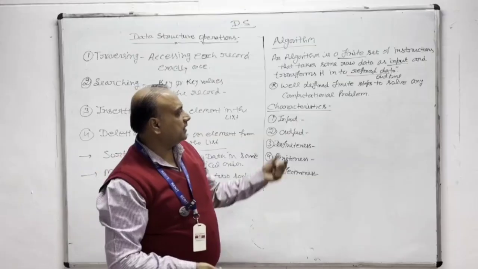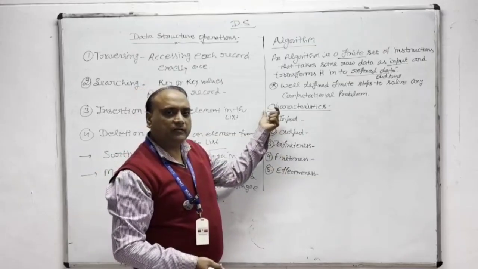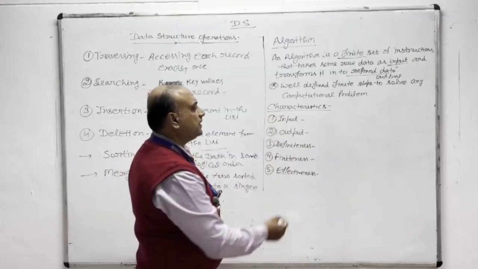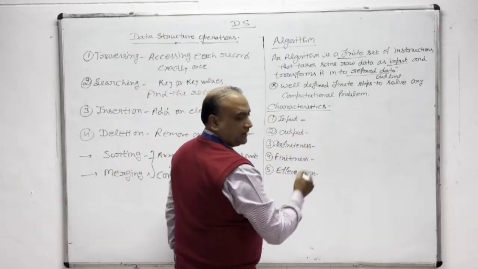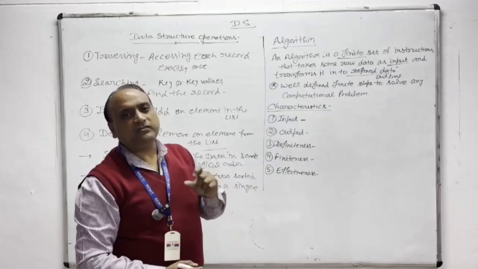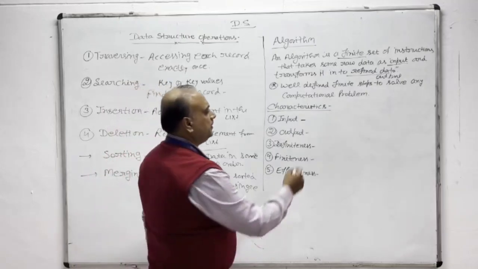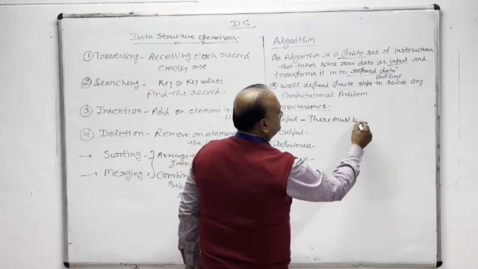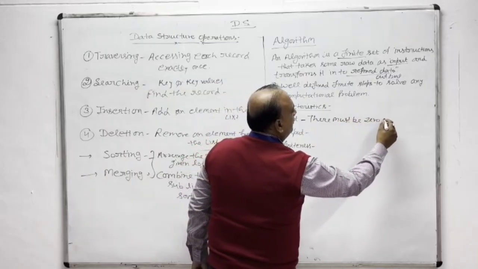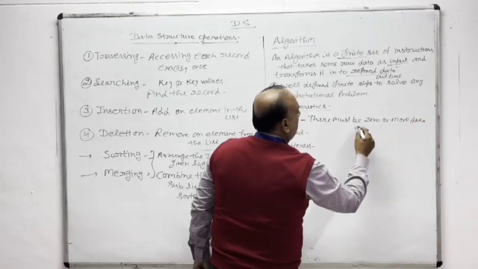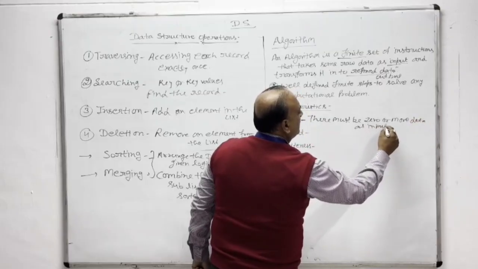Now we discuss the characteristics of an algorithm. The first one is input. There must be zero or more data as input.